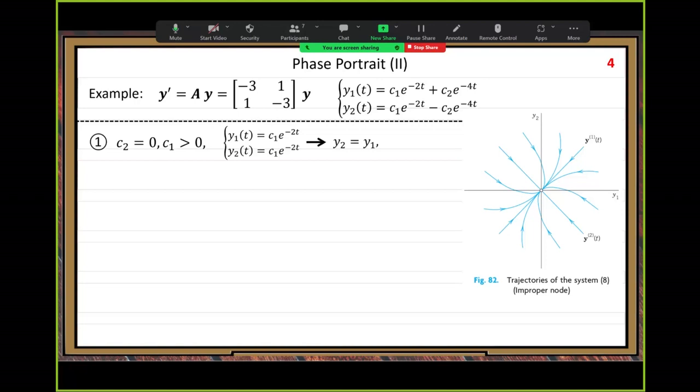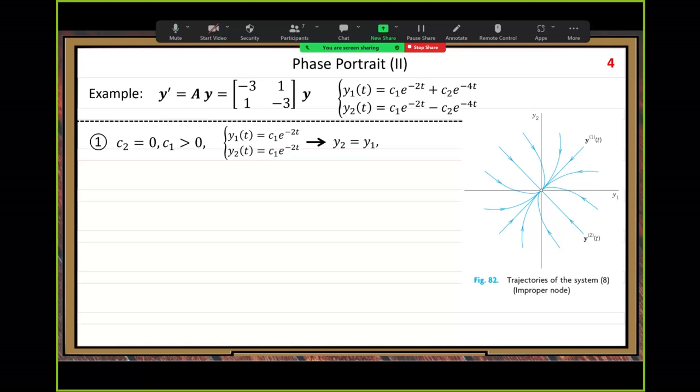y2 equals y1. Can you see on the plane which line corresponds to this function, y2 equals y1? Is it a straight line? That's a straight line, right? y1 equals y2, 45 degrees.